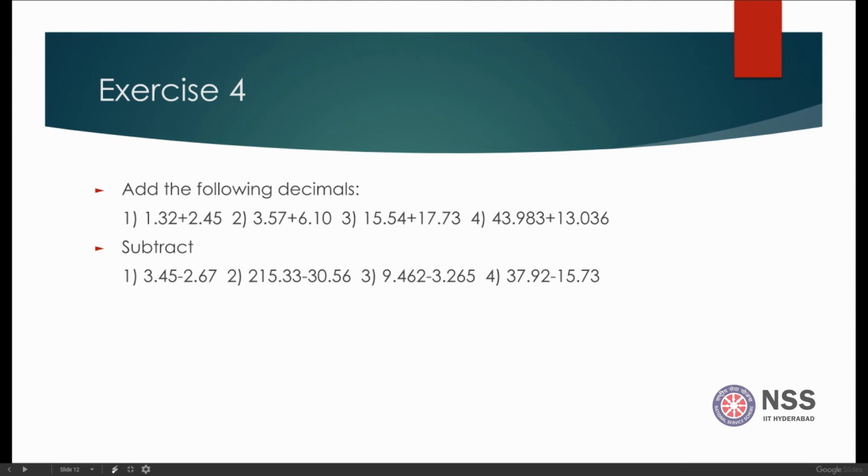So to match that, we add a 0 after the decimal point. As I told you, there is no difference between 6.1 and 6.10. So for an easy addition, I am adding a 0 later. So this becomes 3.57 plus 6.10. Using a normal addition, this becomes 9.67.